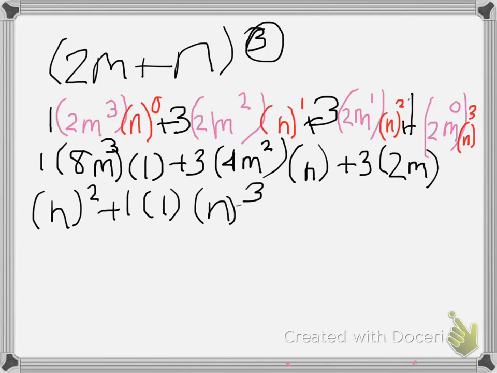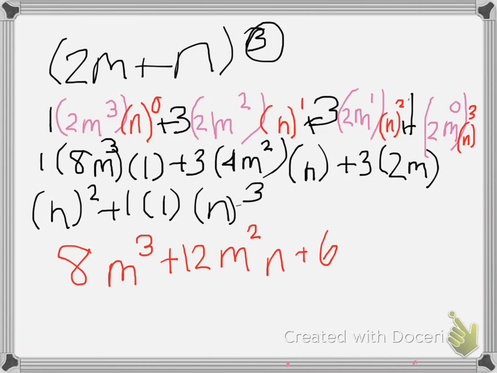And then we're going to put those together, and it's going to turn out to be 8m cubed plus 12m squared n plus 6mn squared plus n cubed.